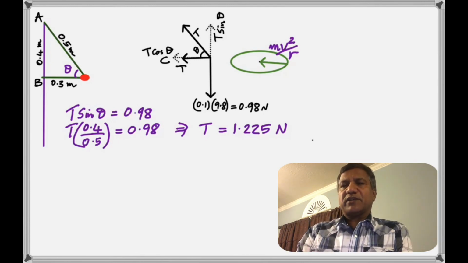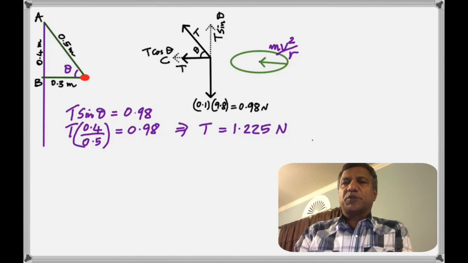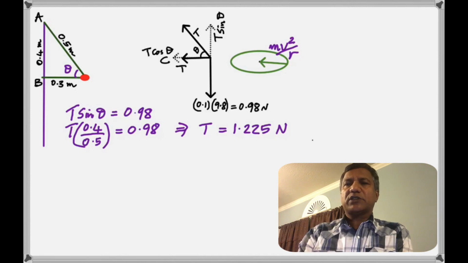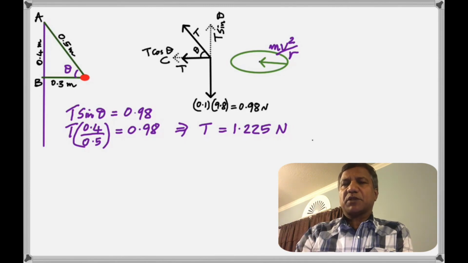Once we get the tension, we need to make sure that the total force which provides the centripetal force is actually T cosine theta plus T. I hope that makes sense, because you have T cosine theta, which is the component of this T, and you also have the same tension acting in the horizontal part.